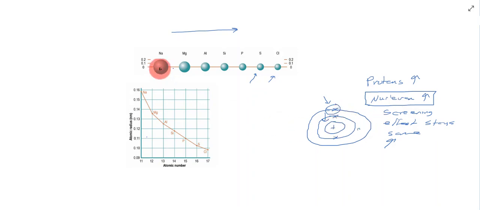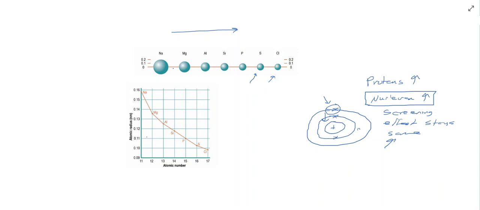As you move from here to here, the number of protons increases, so the effective nuclear charge increases as well. As a result, these outer electrons feel more of a pull inwards, and you get reduced atomic radii as you move across, because the outer boundary of the atom feels a greater pull towards the nucleus.